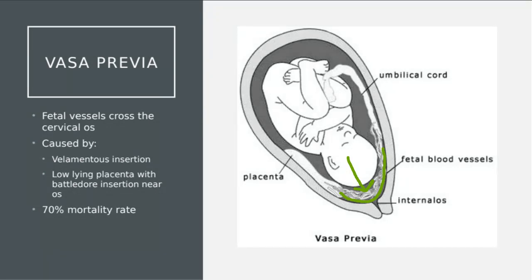So if you have that abnormal cord insertion into the membrane prior to the placenta, that's where we can kind of get this weakening, and then that is going to be kind of crossed over the cervix. It does have a 70% mortality rate because a lot of times it just goes unknown and undiagnosed, and then when they go to deliver the baby, we have that cord prolapse coming out first.